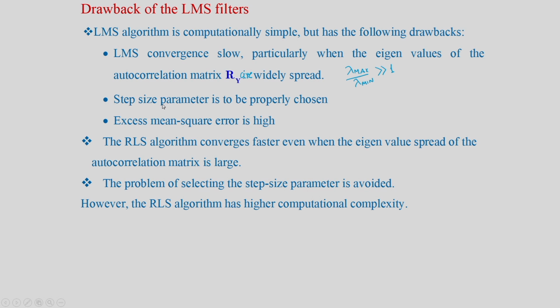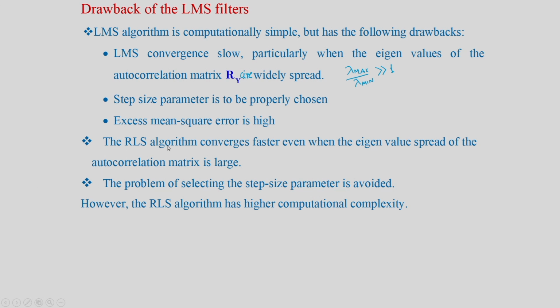Step size parameter μ is to be properly chosen. So, that is one important factor, otherwise the algorithm may diverge. Excess mean square error is high, particularly if step length is high, then this excess mean square error will be high.